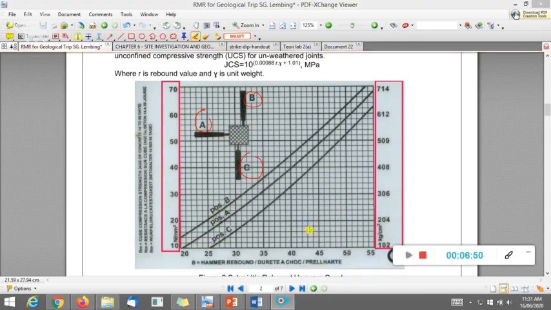Each location requires a different graph. This one is for position C, this one is position A, this one is position B, because there are correction graphs based on location.